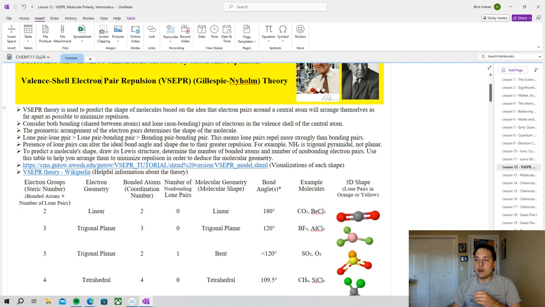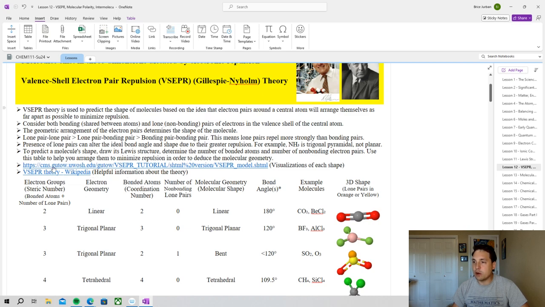Therefore, the lone pair interactions that are going to occur will cause more repulsion than a bonding pair interaction. All right, so we're going to consider both these bonding and lone pairs when we do this.